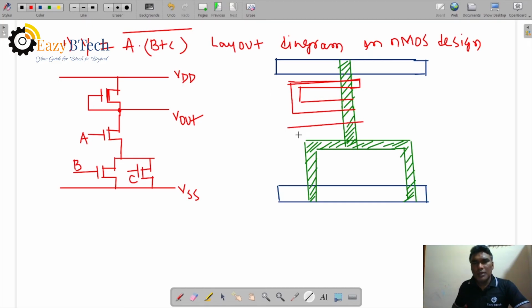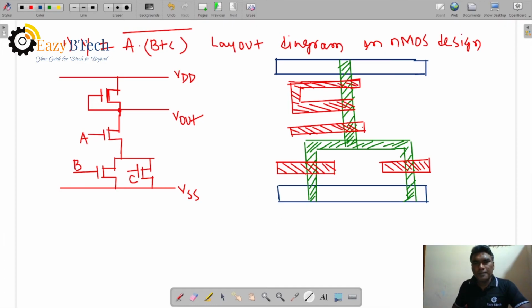Here A is the series polysilicon, and here are the parallel B and C polysilicon. So it is backward slashes with nearer distance. That is polysilicon.